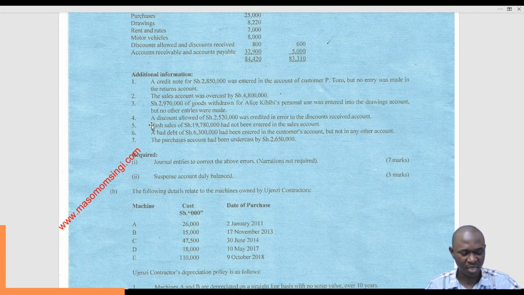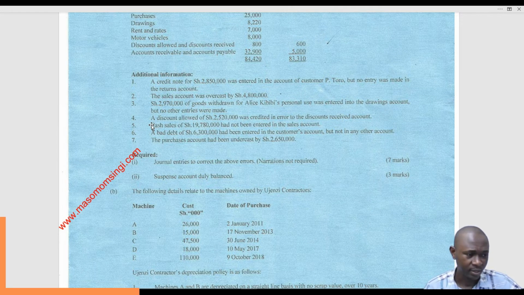We might be talking about errors of commission, errors of principle, those kinds of errors. And for those, the trial balance will still balance, though we have errors. So when we are correcting, we just correct using the two ledgers that have been affected. In this case, the errors are affecting one side of the ledger, and so we'll end up with a suspense account, and this explains where we are.